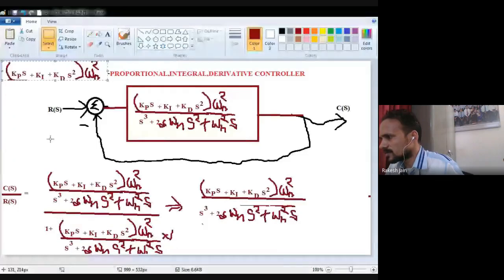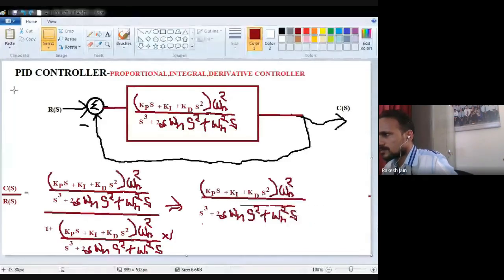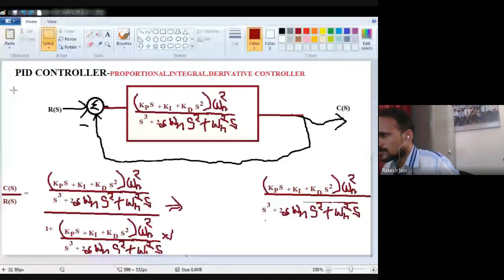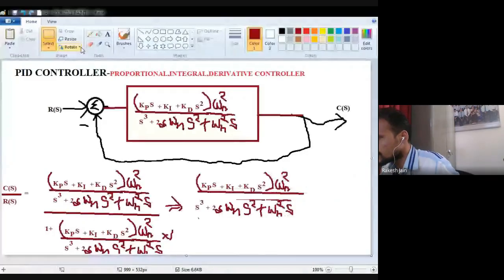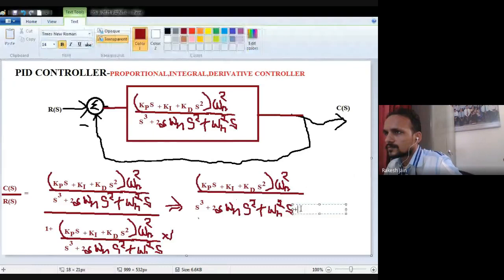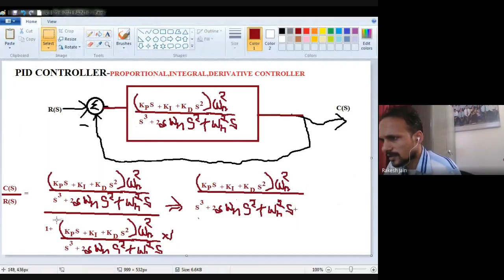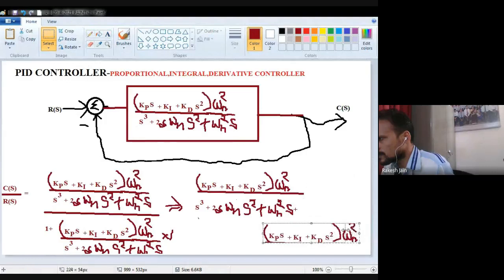Here I use a plus sign for this last term, Kp S plus Ki plus Kd S square.